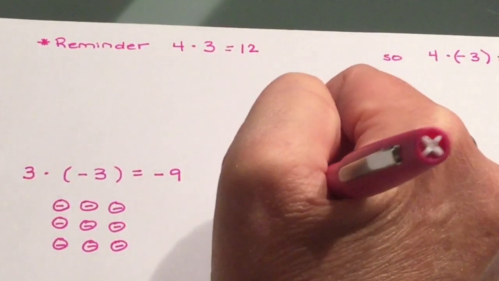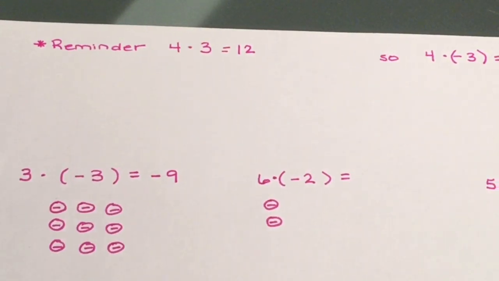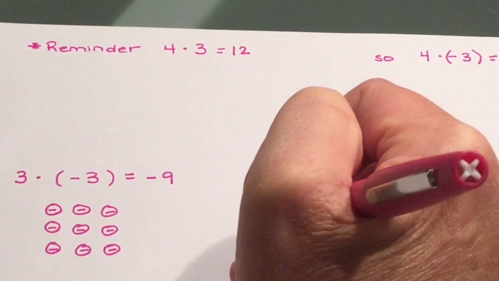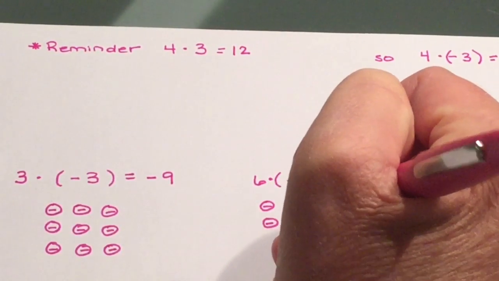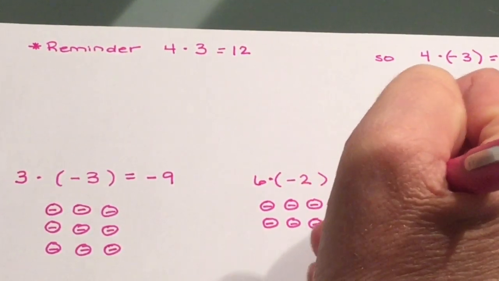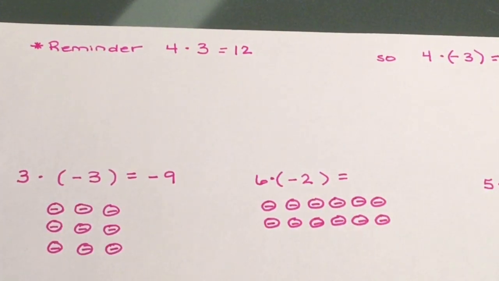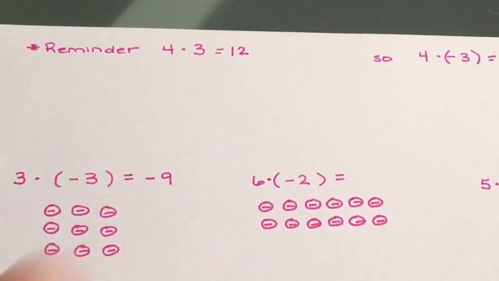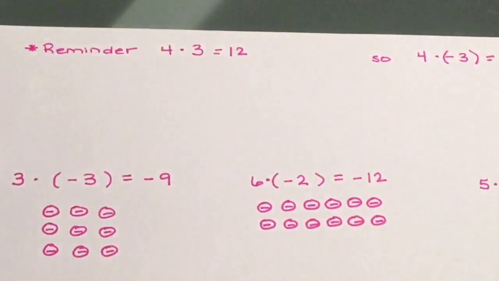On the next one, it says 6 times negative 2. So we have 2 negatives, and then we need 6 of those sets. So there's a picture of that. And then we notice there, we have 12 negatives, or negative 12.